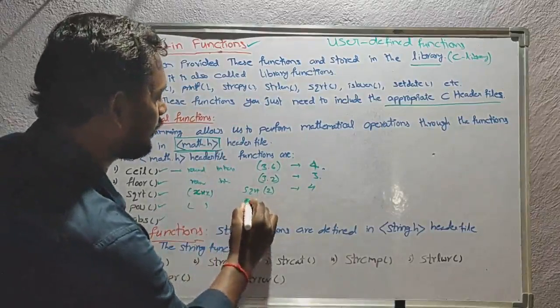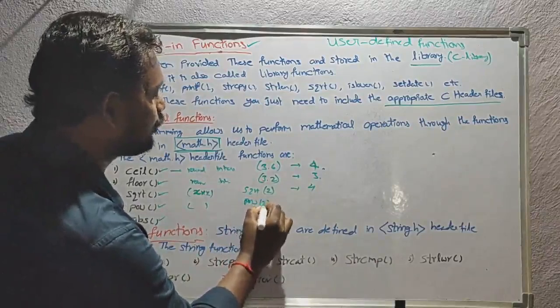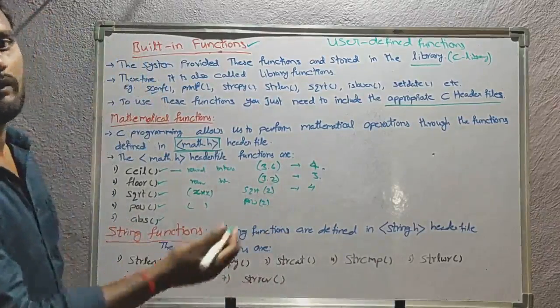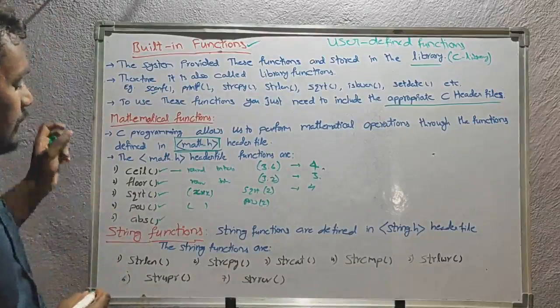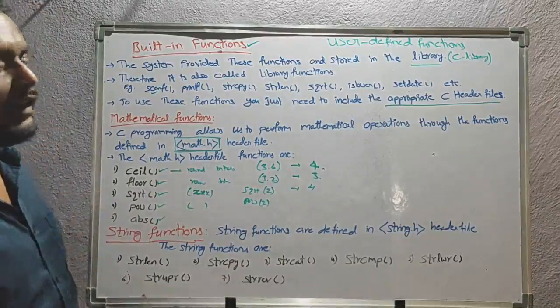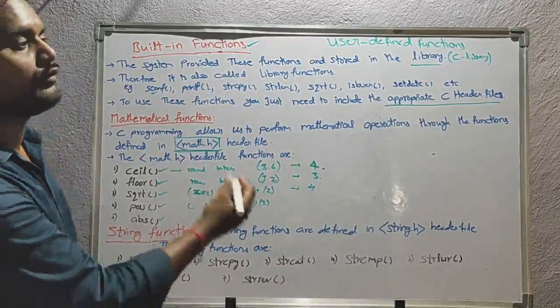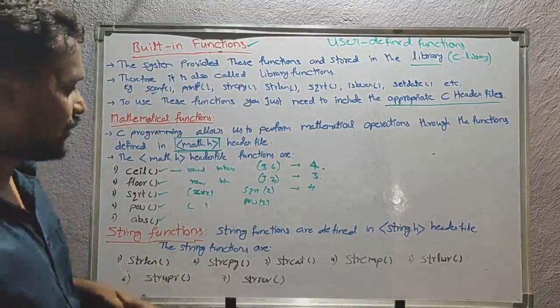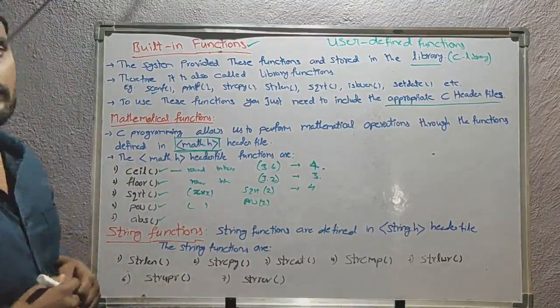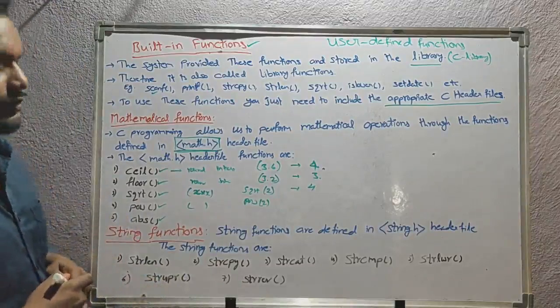If you have the power of 2, it means 2 power x. Those are the power functions. And the absolute function gives the absolute value of your given value. These are the mathematical functions used among the built-in functions in our functions topic.